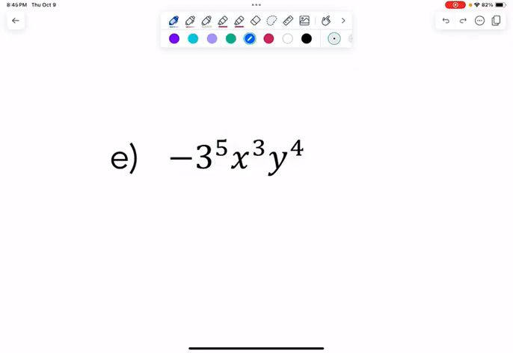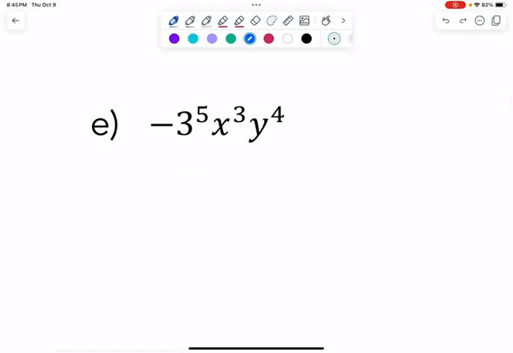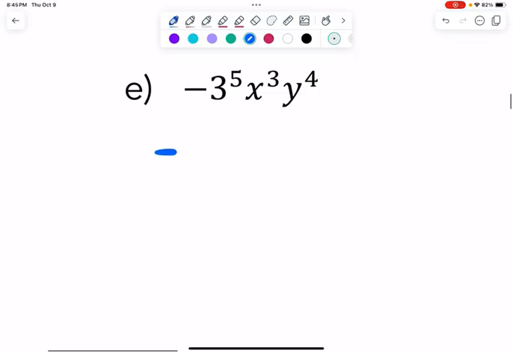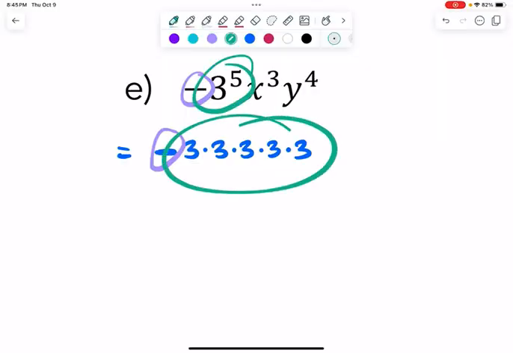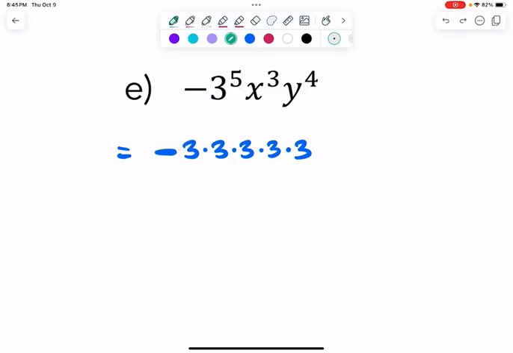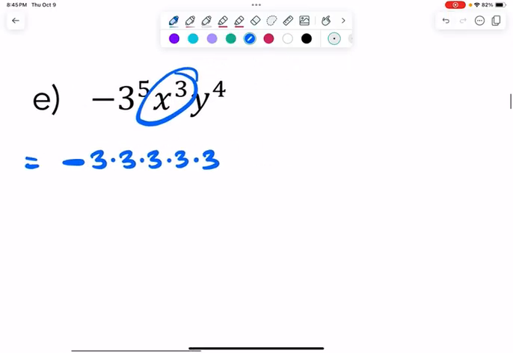So writing this fully out, we have the negative of 3 to the power of 5, which is 3 times 3 times 3 times 3 times 3. The negative we've accounted for, 3 to the 5 we've accounted for. Next we have x to the power of 3.